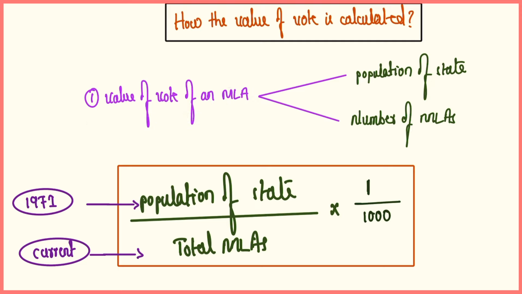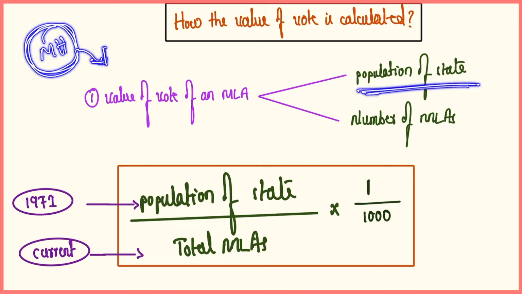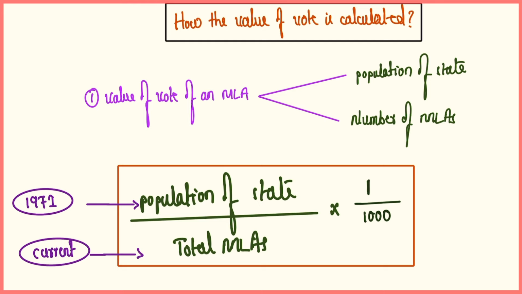What are the two factors on which the value of the vote of an MLA depends? The first factor is the population of that state. For example, if there is an MLA from Maharashtra, then the value of his vote will depend on the population of Maharashtra. The second factor is the total number of MLAs, or the total strength of the assembly.